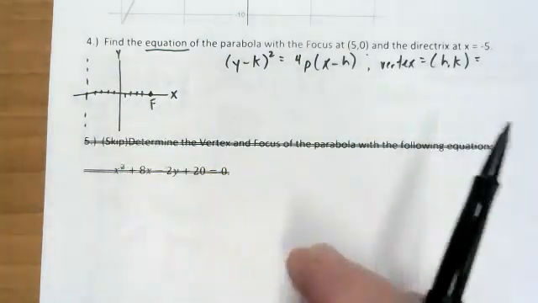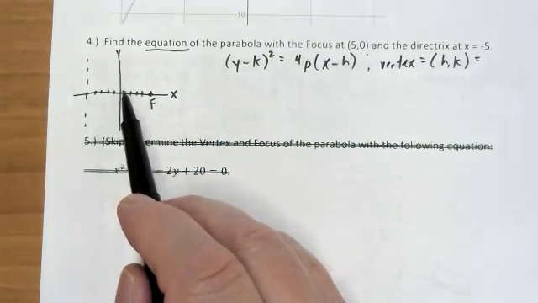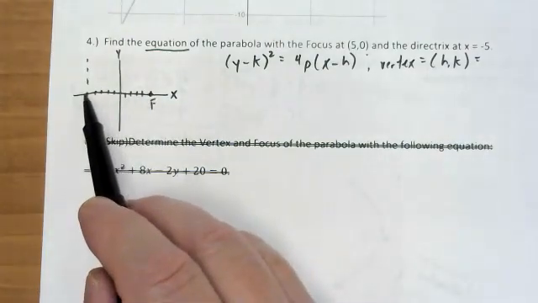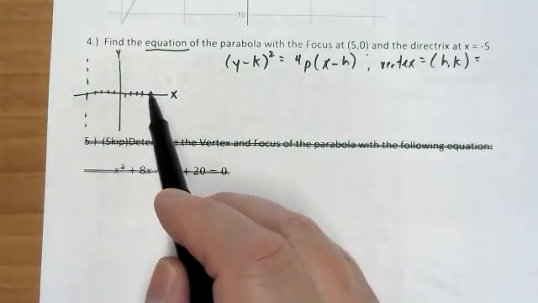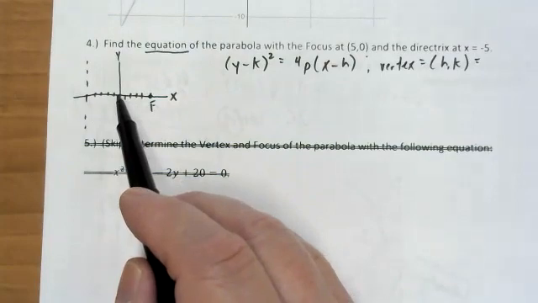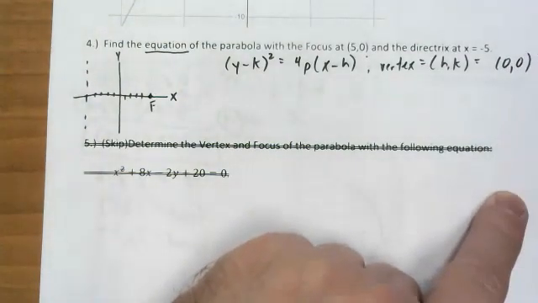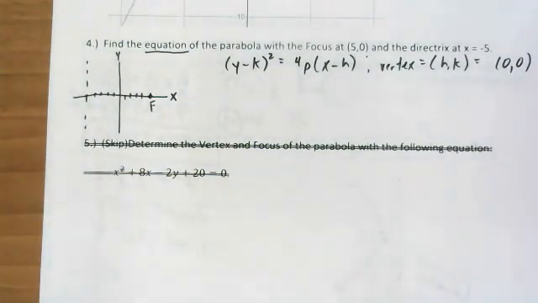Well, from this little sketch of my graph here, I can find the vertex because the vertex is always halfway between the focus and the directrix. So if the focus is at 5, 0, and the directrix is at x equals negative 5, halfway in between them is right here at 0, 0, at the origin. Turns out the vertex is 0, 0.